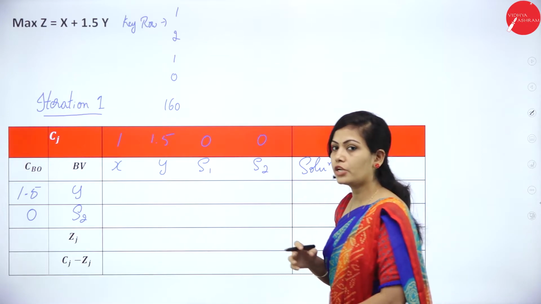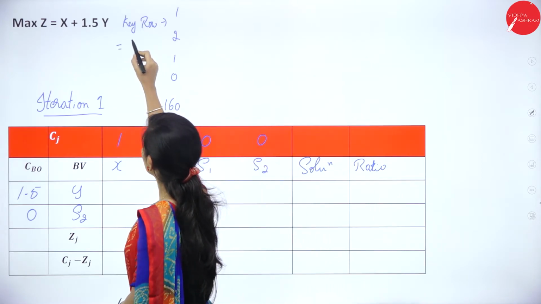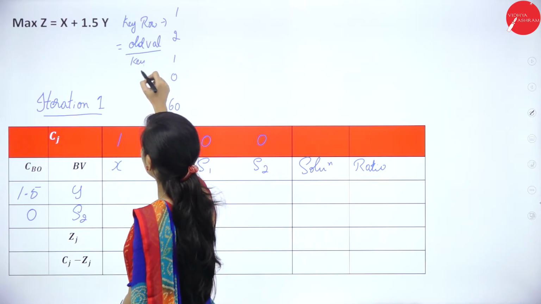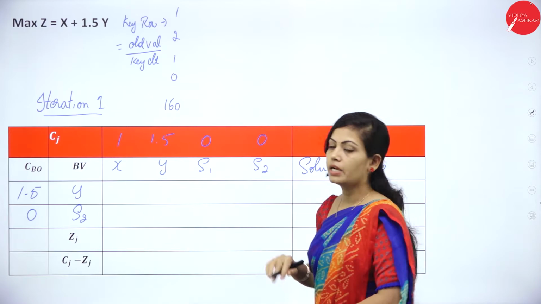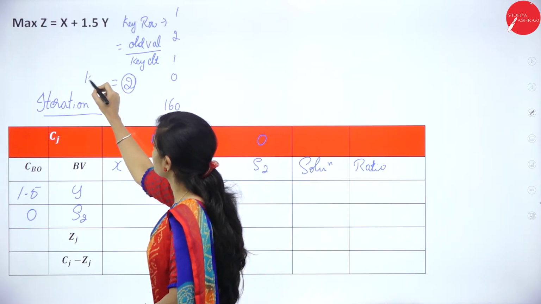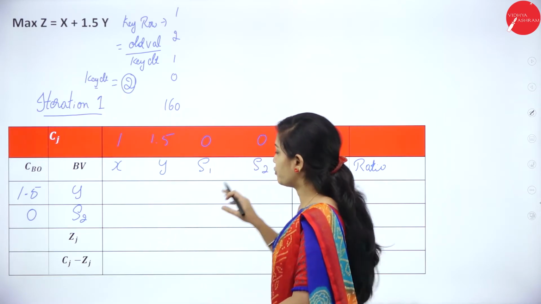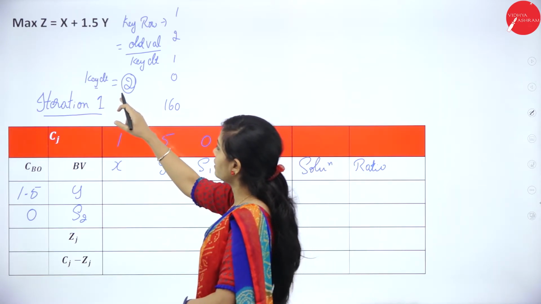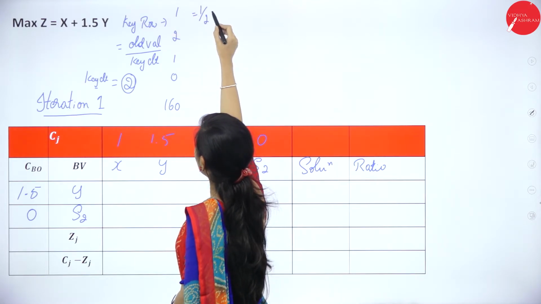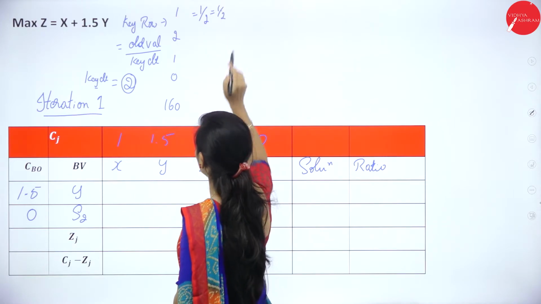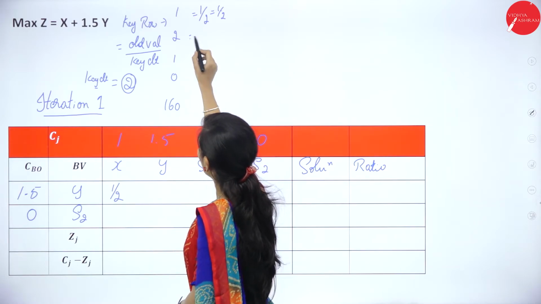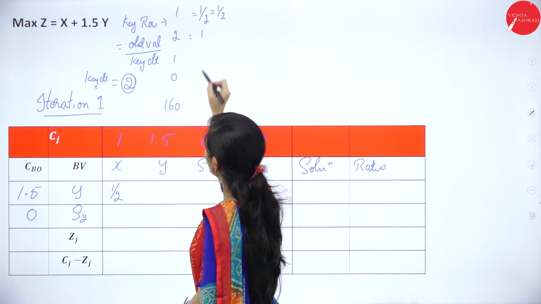So how to find the new key row? The new key row is equal to the old value divided by the key element. The key element is equal to 2. The old value is 1, and 1 by the key element 2 is 1 by 2. I will write 1 by 2 here. The old value is 2, and 2 by 2 is equal to 1.